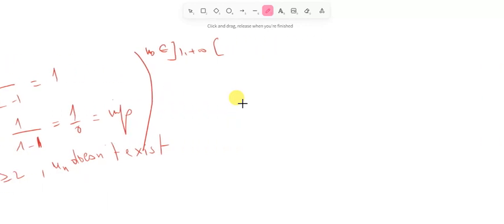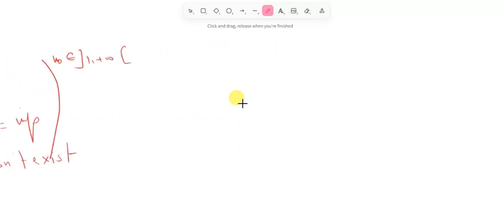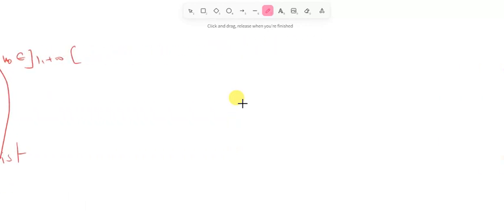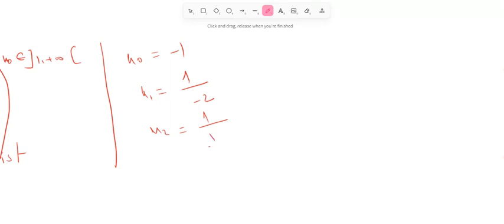We go now to the second case, when we choose u0 equals minus 1. So here we have u1 equals 1 over minus 2, then u2 equals 1 over minus 1/2 minus 1, and it exists, etc. Okay, all the terms of the sequence exist.